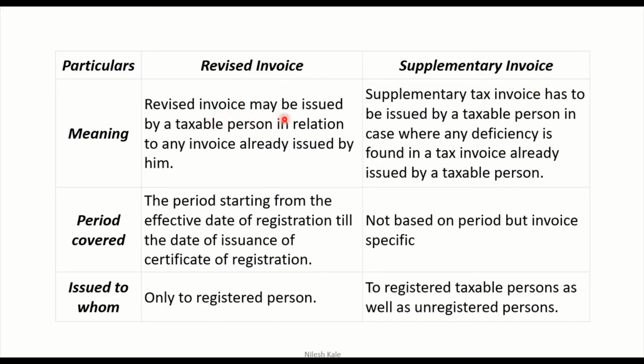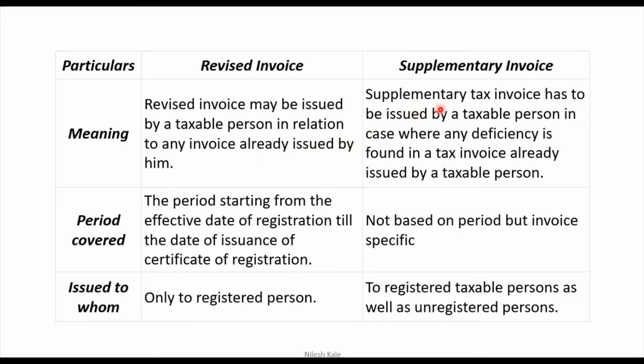Revised invoice may be issued by a taxable person in relation to any invoice already issued by him. It means we are revising the invoice, we are rectifying our mistakes which were done in the previously issued invoice. That is the revised invoice.